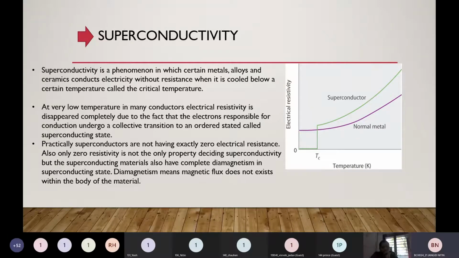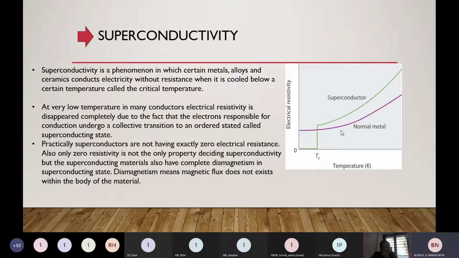If we see the graph here, the green line is for superconductors and the purple line is for normal conductors. In the purple line, when we decrease the temperature, the electrical resistivity also decreases simultaneously.